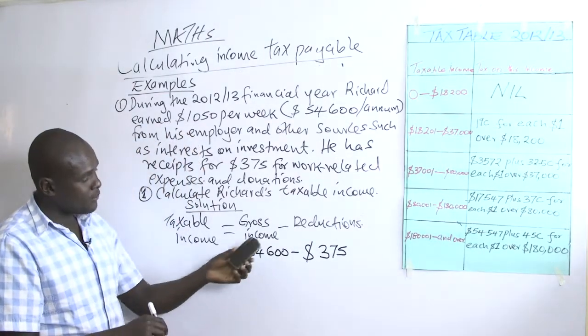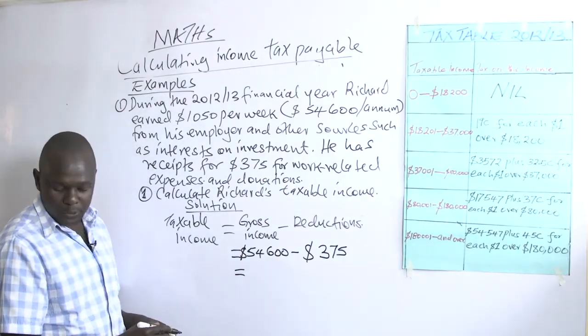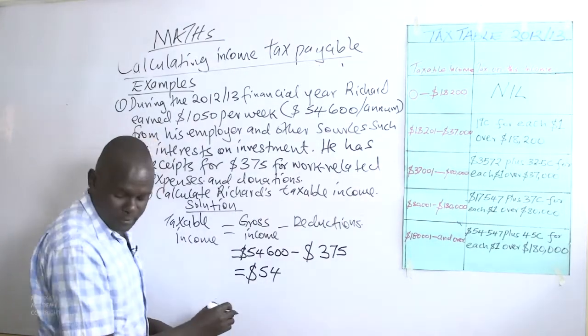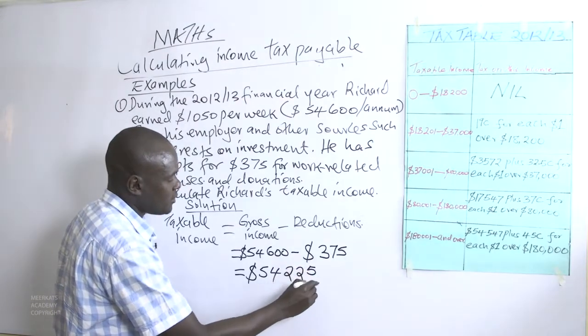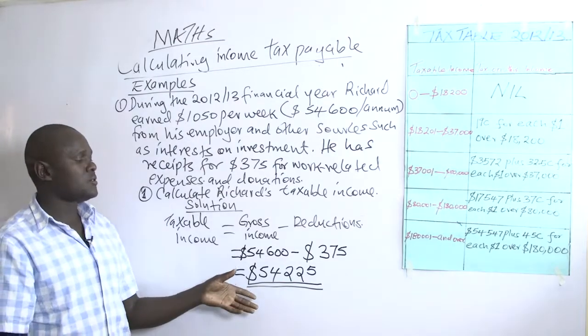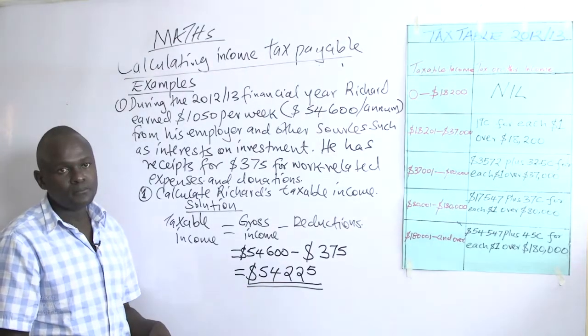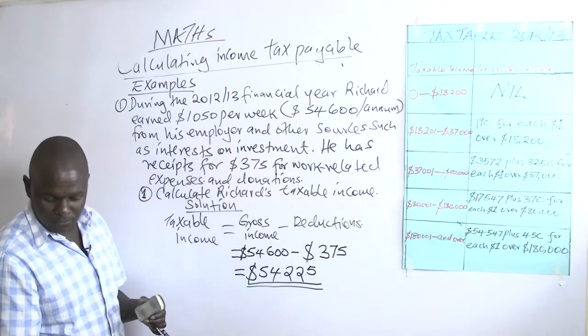When we subtract this, we end up with a taxable income of $54,225. This is Richard's taxable income.